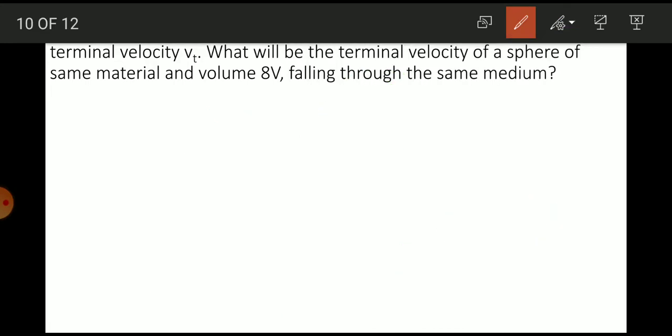Now the next is, according to the condition of the question, the new terminal velocity is equal to 8 Vt. So just put the values and simplify. You will get the terminal velocity.